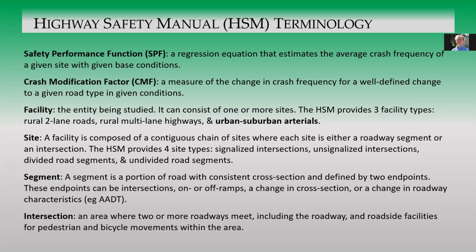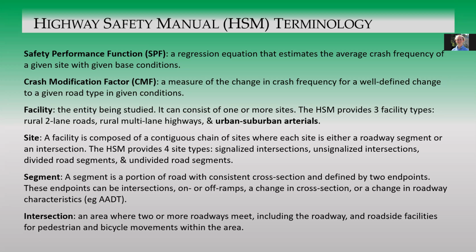This is an equation derived by a regression method that estimates the average crash frequency of a given site or site type with given base conditions. So it's going to tell you over a year how many crashes you should expect on a road that looks a certain way. And an SPF is often combined with a number of crash modification factors.